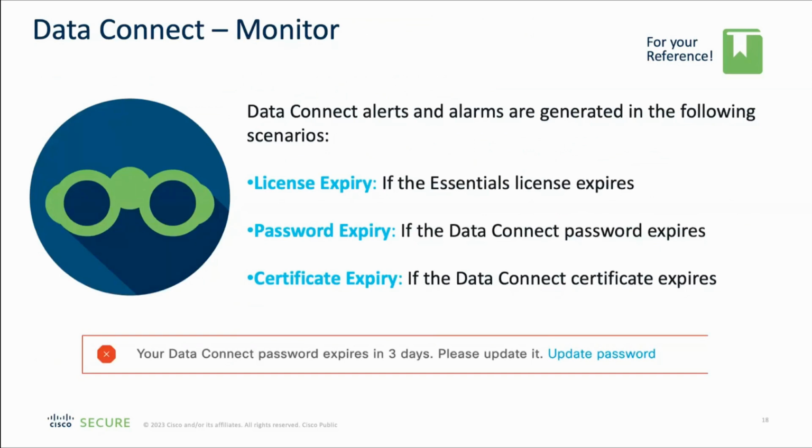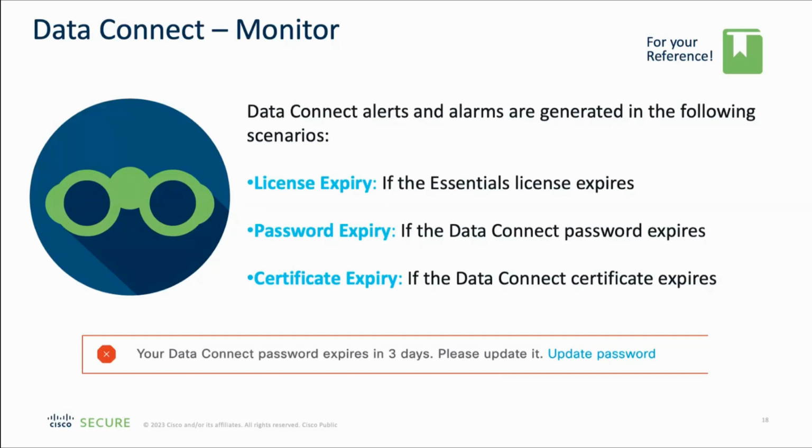Fortunately for us, ISE comes with some alarms for DataConnect, and these alarms will appear in any of the 3 scenarios: if the licenses expire, if the password expires, or if the certificate expires. There's one example you can see at the bottom of the screen, directly from my lab, because I had to change the password as it was going to expire in the next 3 days.